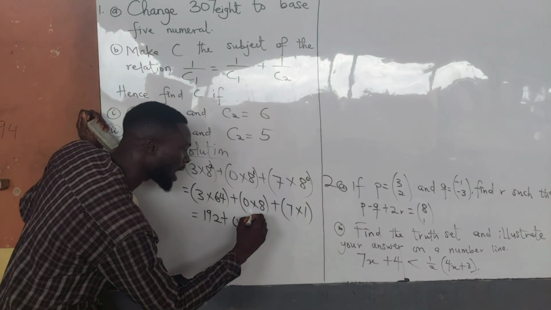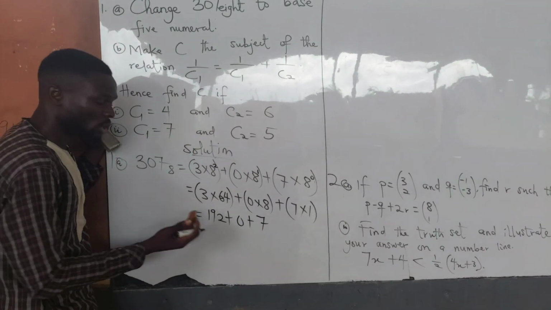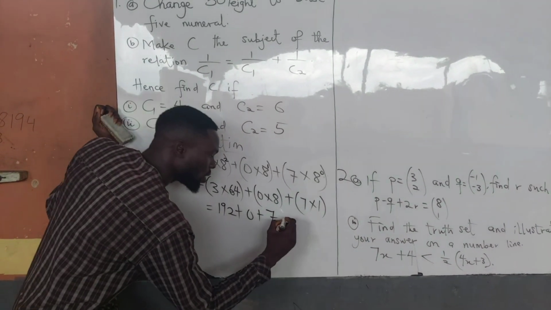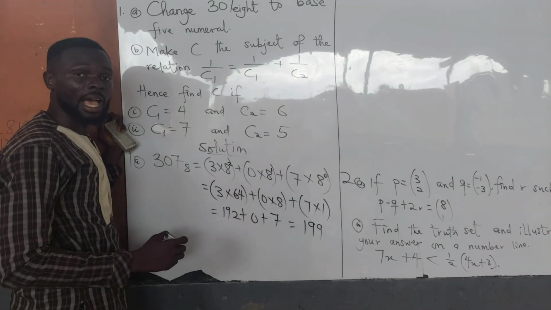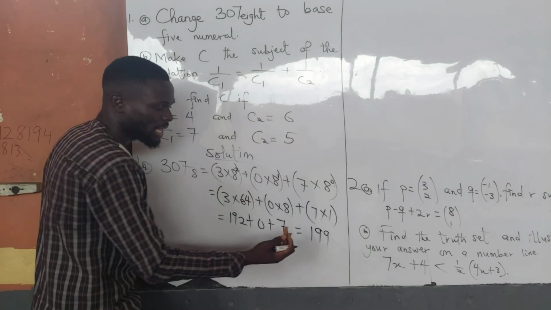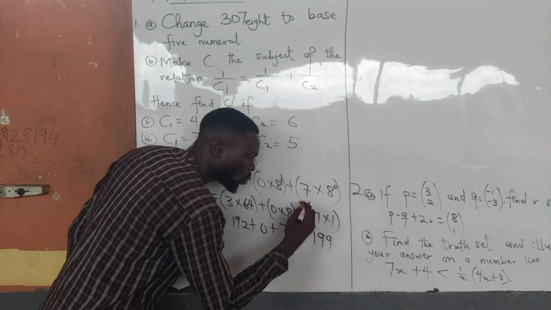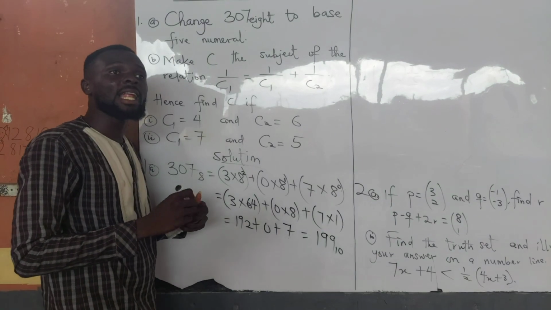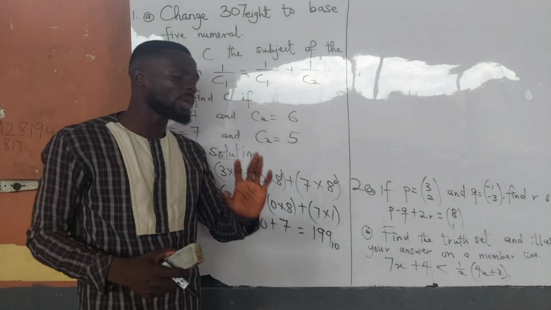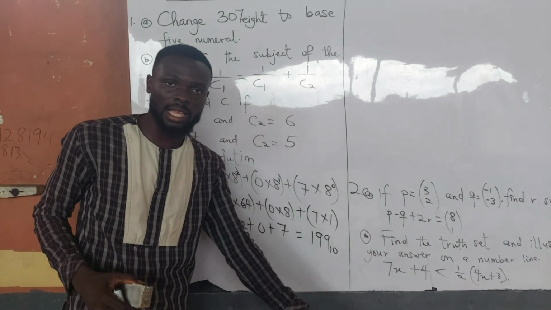Plus 7 times 1 is 7. We add these results, which gives you 199. So this is now 199 base 10. Under number bases, a number without a base is in base 10.